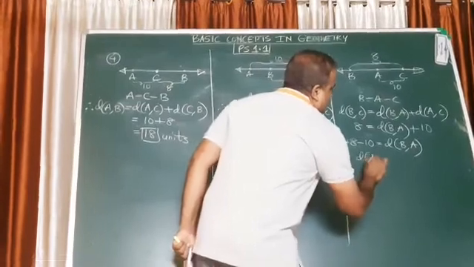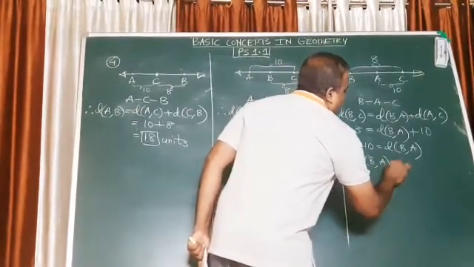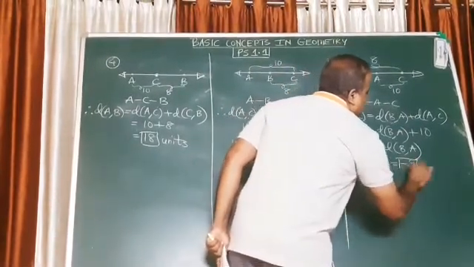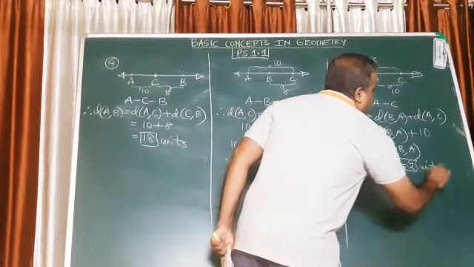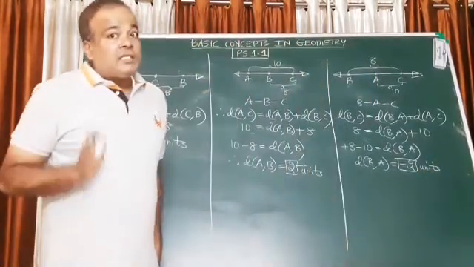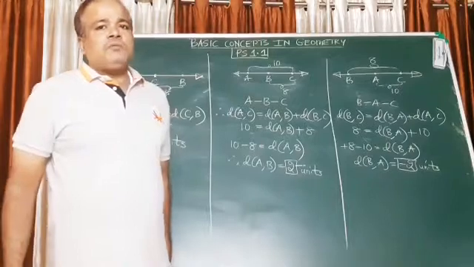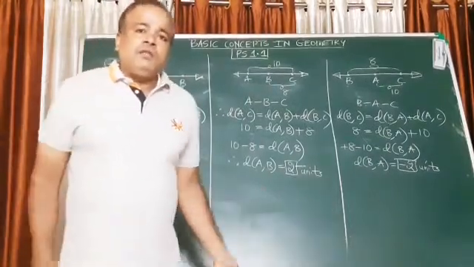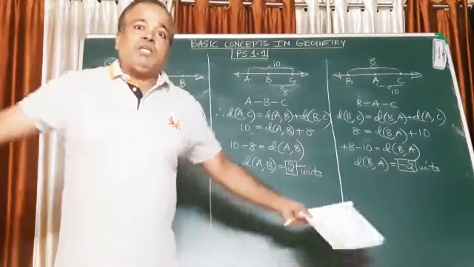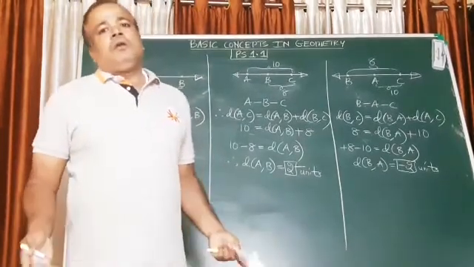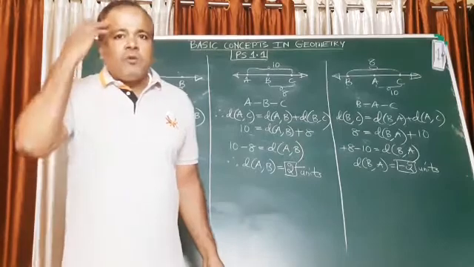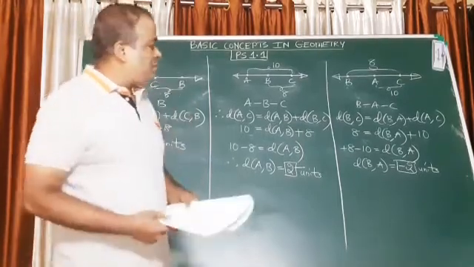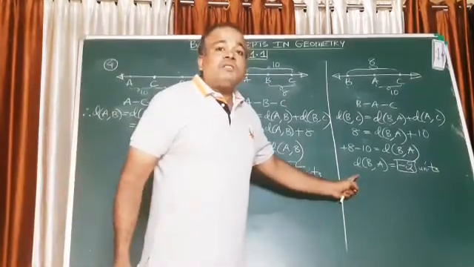So I'll get distance BA is minus 2 units. Now, can distance ever be minus 2 units? Can distance be negative? Never. Can I say the distance between Bombay and Pune is minus 400 kilometers? People will laugh at me. People will think I have gone mad. So distance cannot be negative.